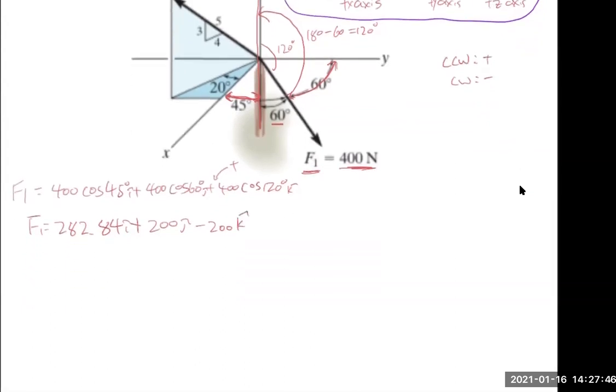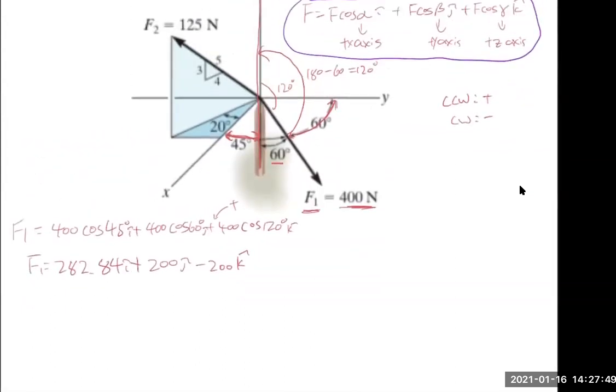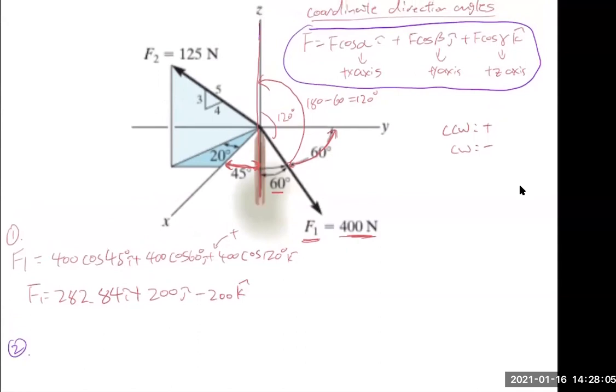Okay, so right now let's work F2. This is F1. For F2, I'm using a different color for you guys to see. F2 is a little bit tricky. First, we can begin to find out what F2z is. We know that the z-axis is right here. This is F2z. But by the parallelogram law, we know that this could be F2z too.